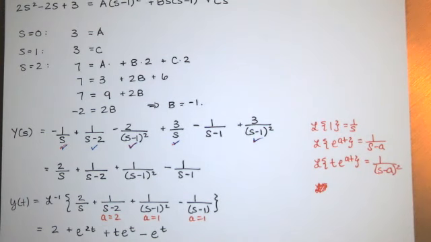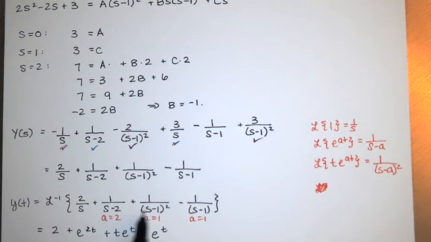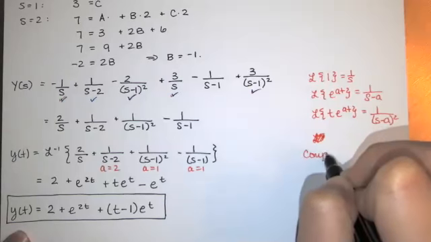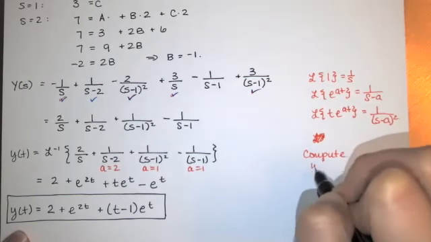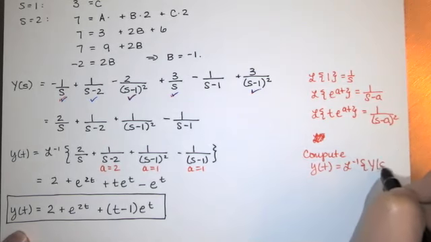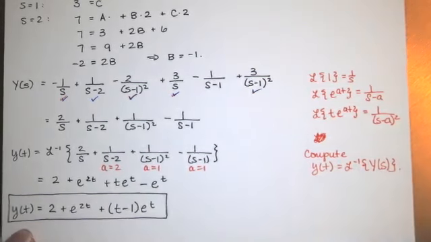Then once you have that version of Y of s for which every term has an inverse Laplace transform in our table of Laplace transforms, then we go ahead and take the inverse transform. So we're computing the original function that we're looking for by taking the inverse transform of Y of s.